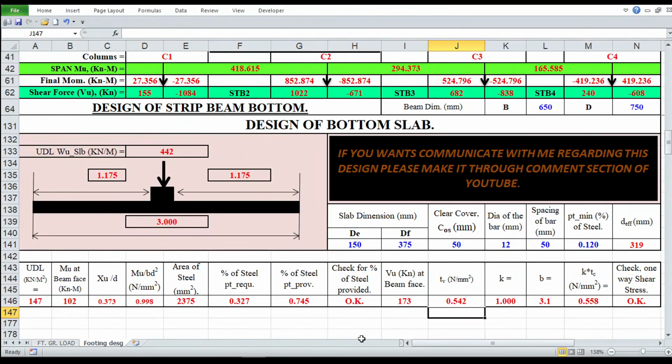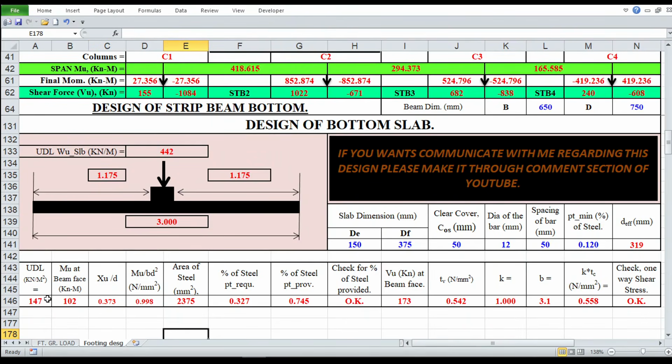Now design of the bottom slab. This is our bottom slab with 3 meters and this is our strip beam with 600 mm. This distance is equal to 3 minus width of the beam divided by 1000, just converting to meter, divided by 2.